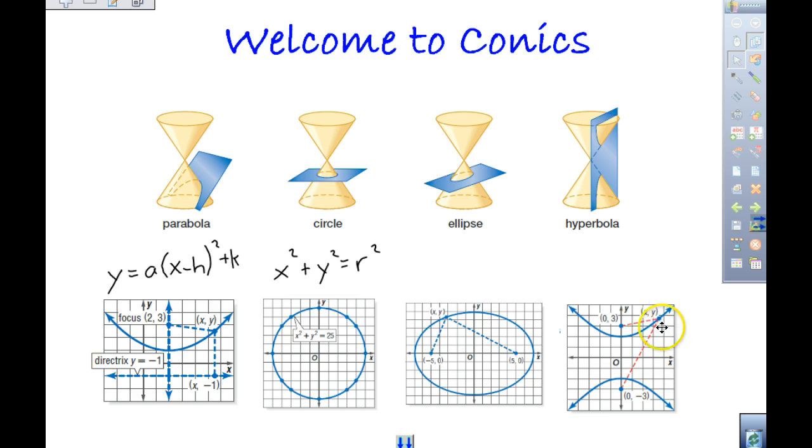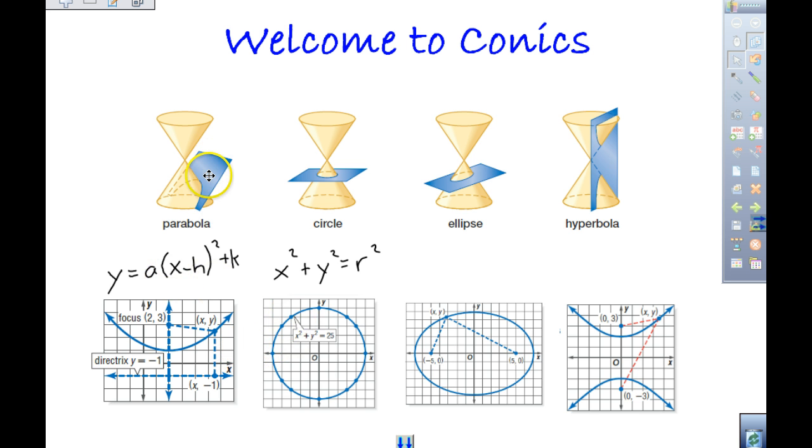So this shape kind of looks like two parabolas, one opening up, one opening down. While it's not a parabola shape, it resembles it somewhat because it has some different properties. But the graph includes a top part, a bottom part. It can also be a left part and a right part. They can open sideways as well. And we'll look at the equations of those as well.